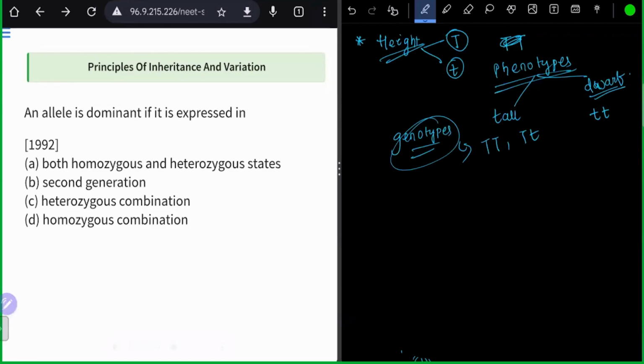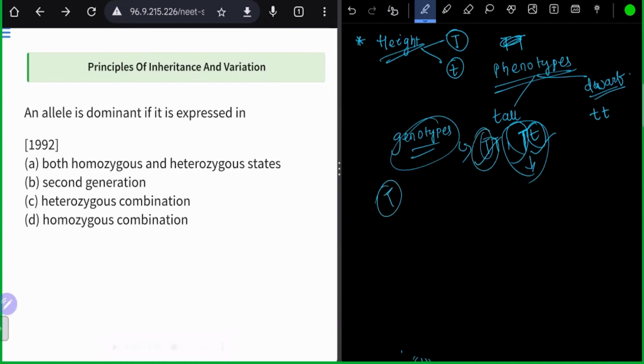Here you can see capital T is the dominant allele, and in dominance, we already know that if only one allele is present, then the character is expressed. Here capital T suppresses the expression of small t, so the character will be tall. The question says an allele is dominant if it is expressed in... T is the dominant allele.